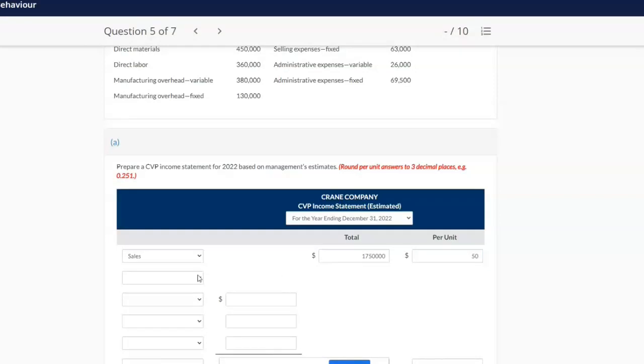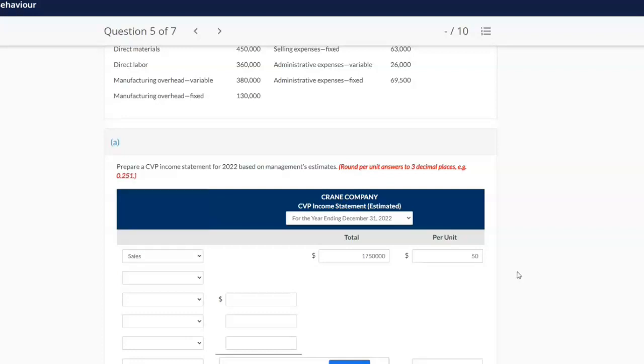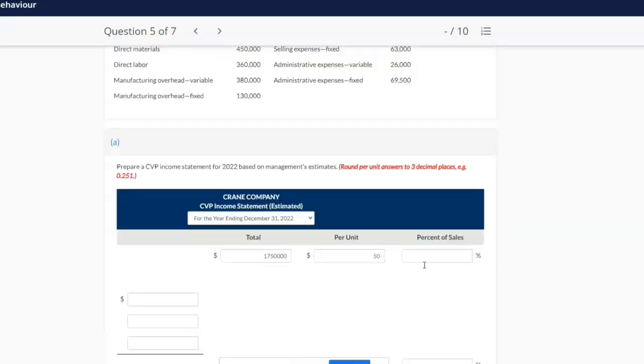Variable cost now? You have to go over and get the percentage. Move over one. Put 100%.